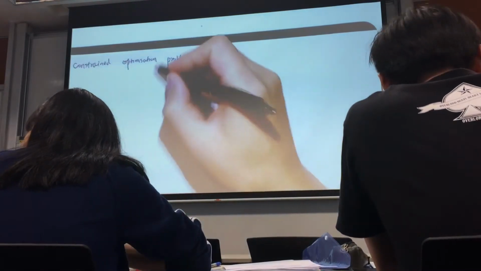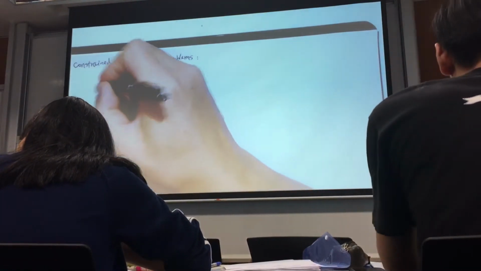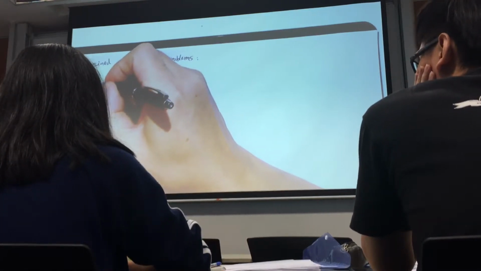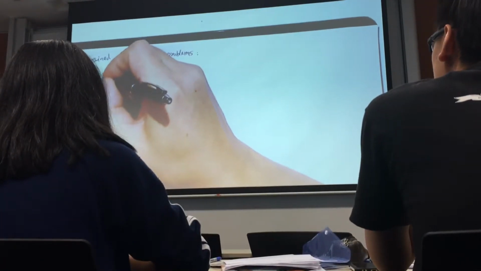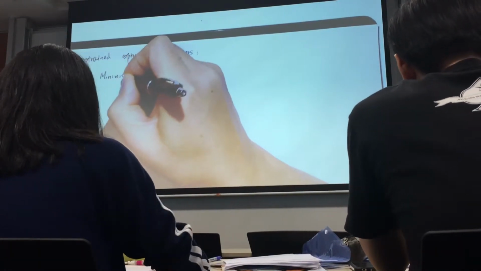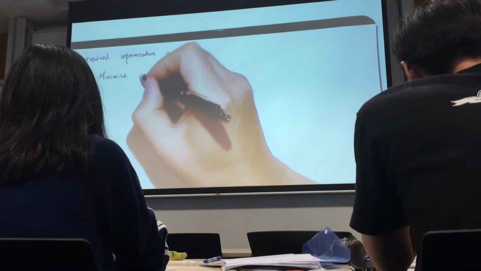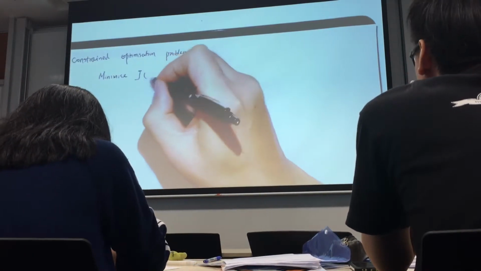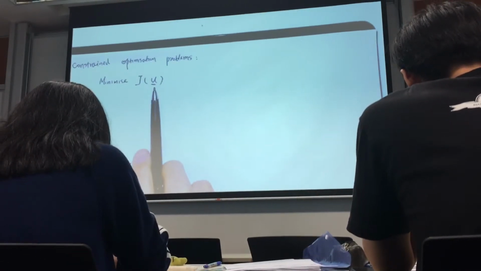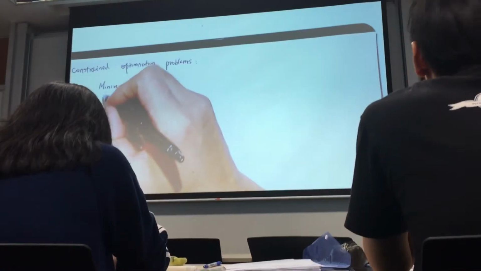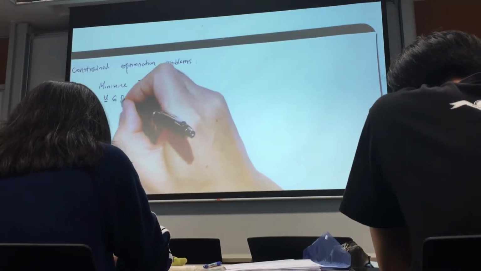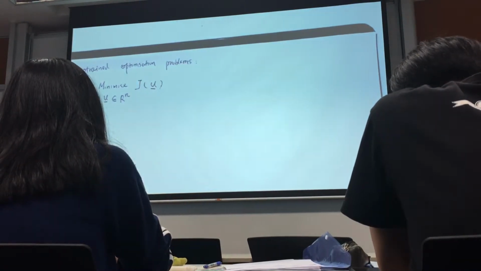The constrained optimization problem can be formulated like this. We still want to minimize a scalar cost function with a set of control inputs. The control input belongs to a real n-dimensional space.